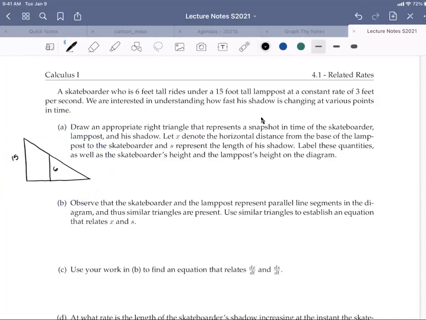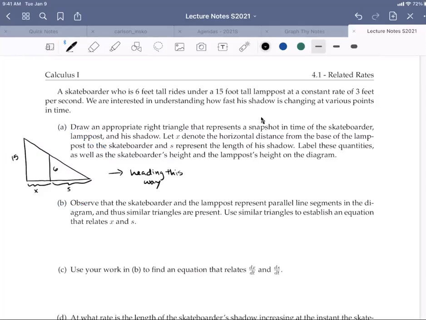Let x denote the horizontal distance from the base of the lamppost to the skateboarder, and s represent the length of his shadow. The skateboarder is heading this way, away from the lamppost.